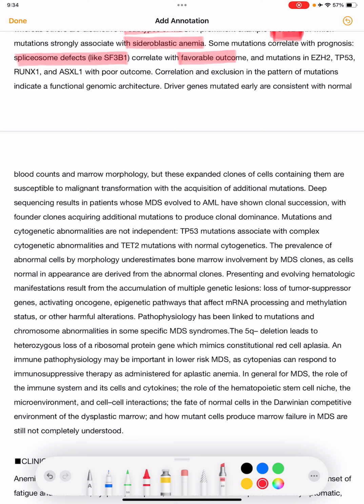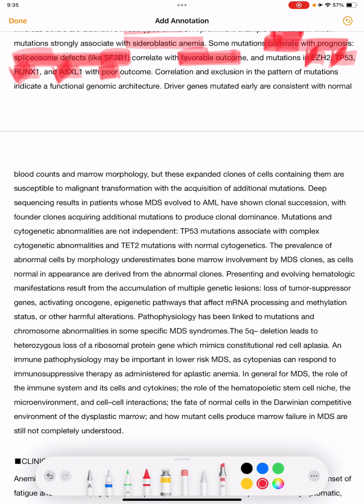But mutations in EZH2, TP53, RUNX1 and ASXL1 are associated with poor outcome.